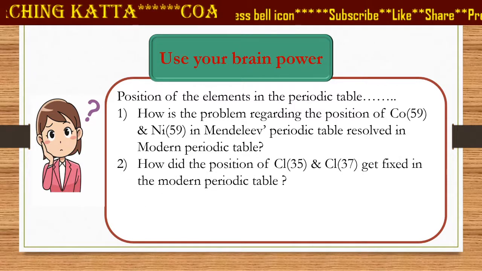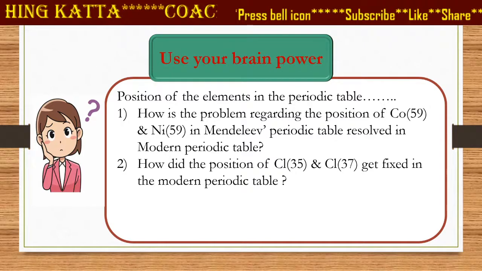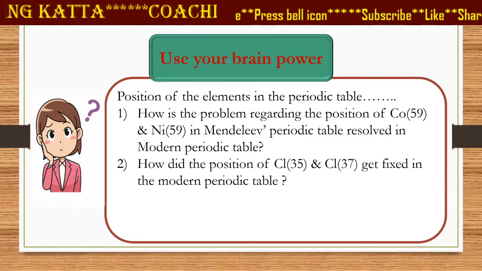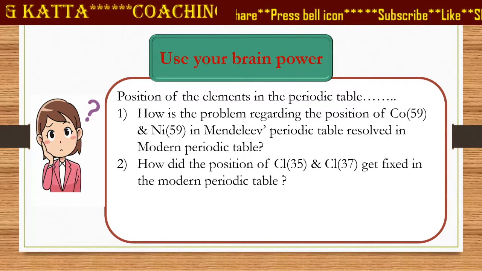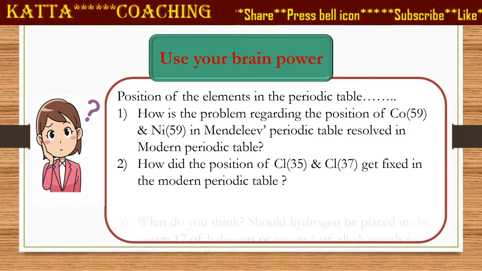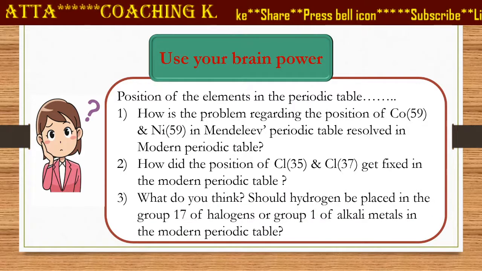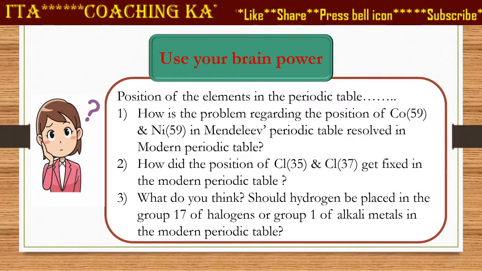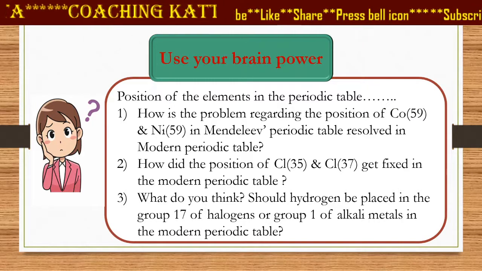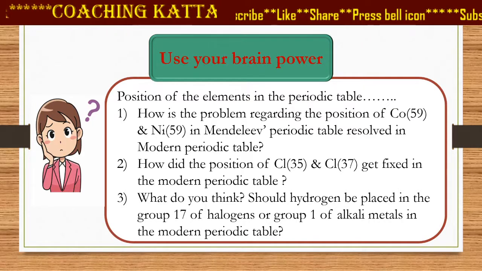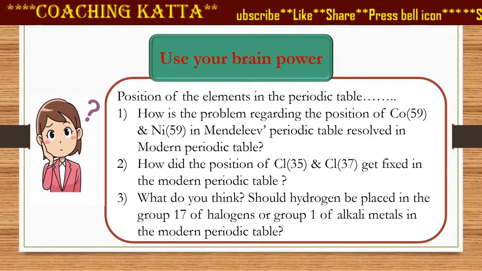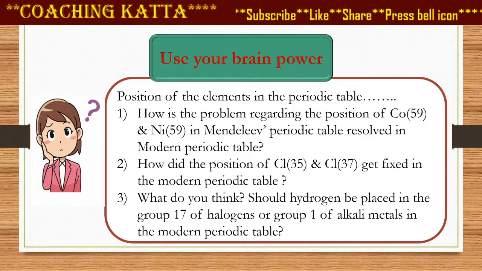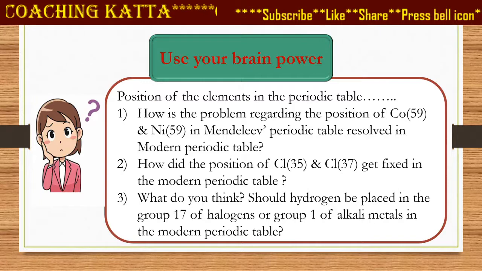Second one, how did the position of chlorine 35 and chlorine 37 get fixed in the modern periodic table? And third one, what do you think? Should hydrogen be placed in group 17, the halogen group, or group number 1 of alkali metals in the modern periodic table?